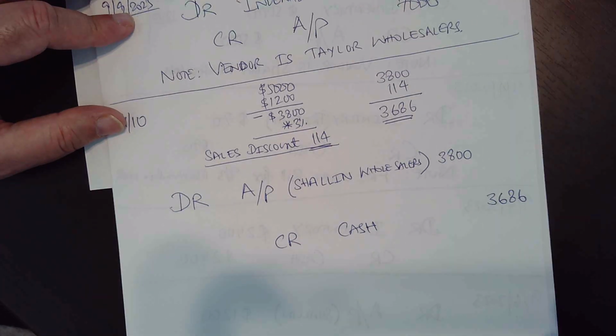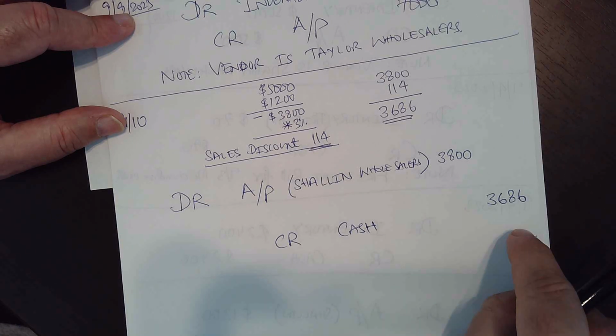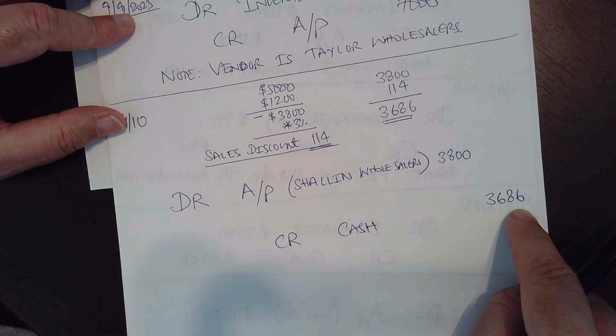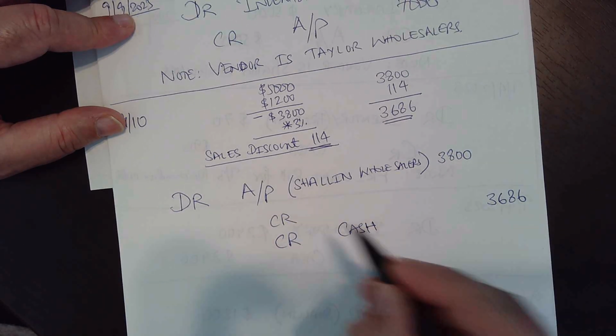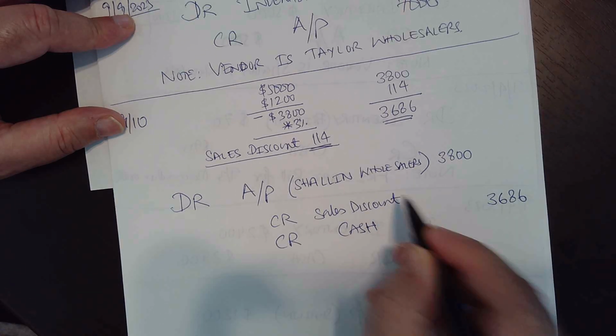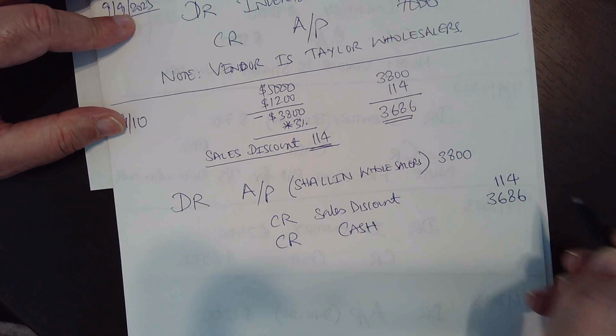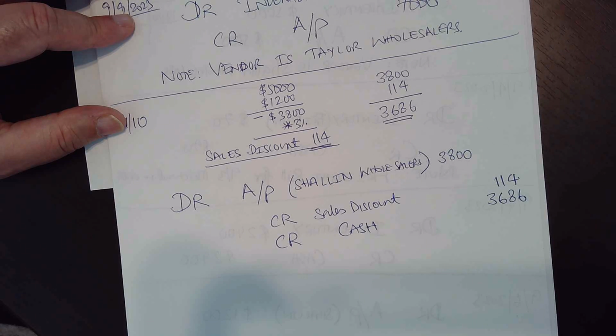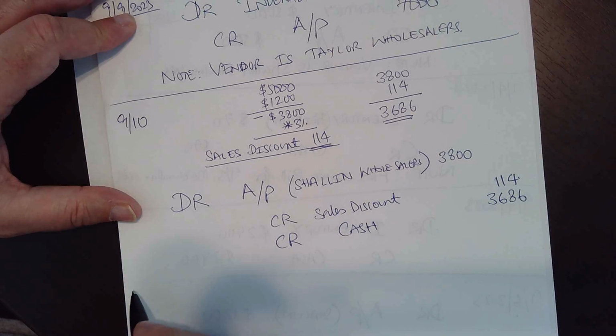Now you must be thinking what we are going to do, and then we're going to credit sales discount for $114. So that will take care of our $3,800 worth of sales discount. Okay.